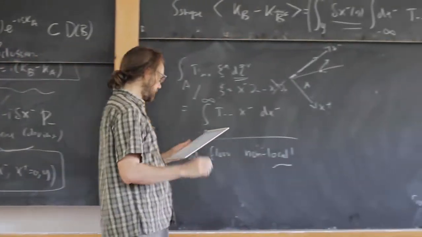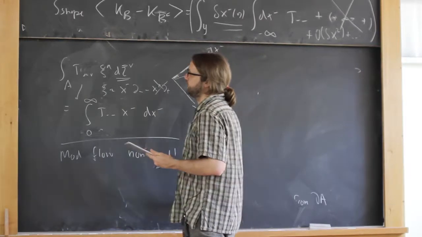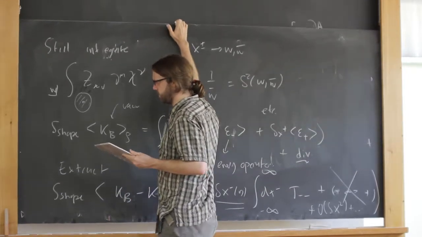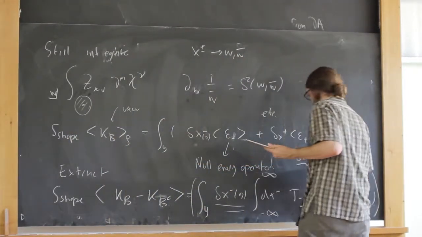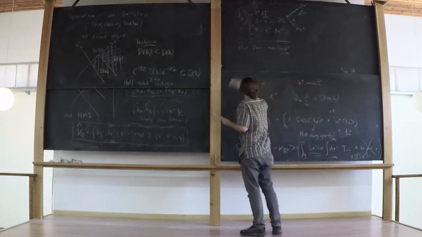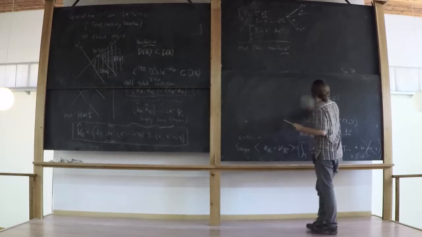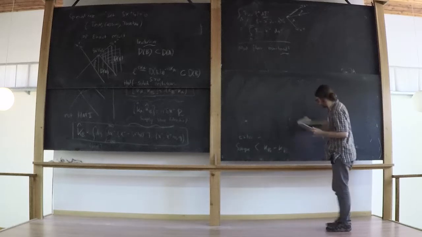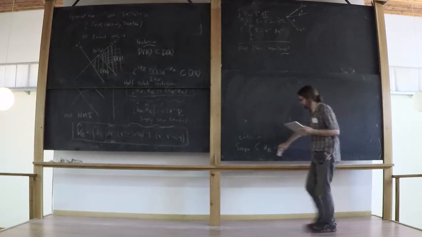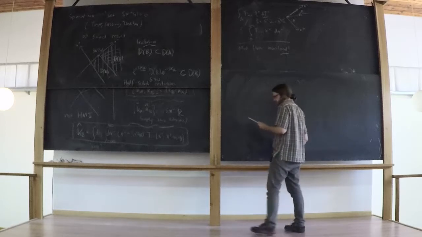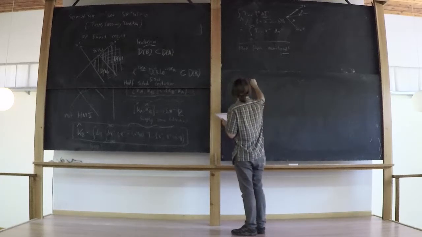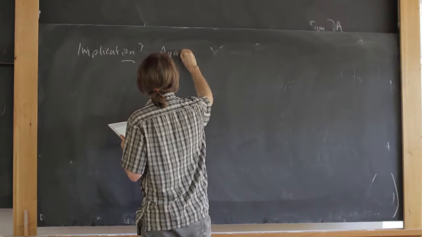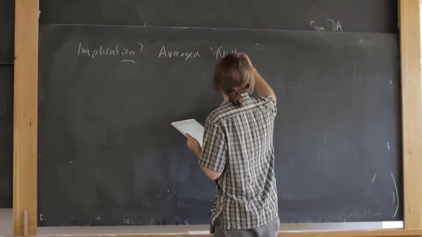Good. All right, so let's see one implication of this modular Hamiltonian. The implication is, as I've suggested, a proof of the ANEC, the average null energy condition.